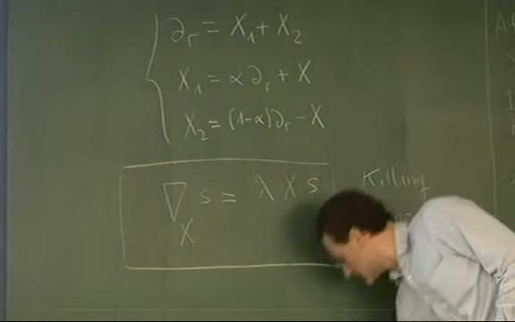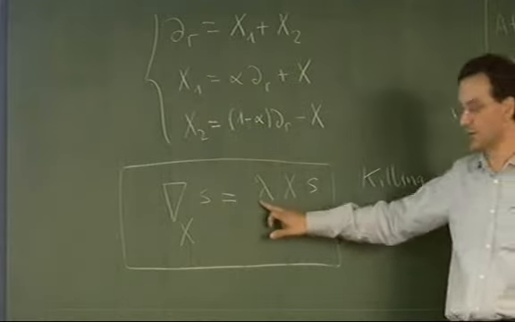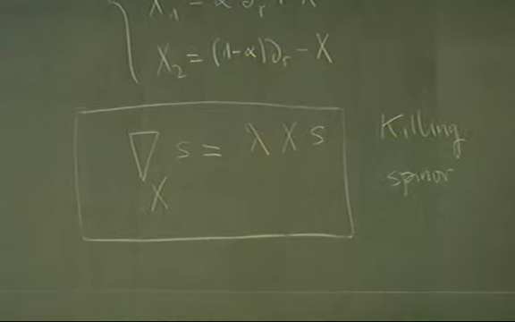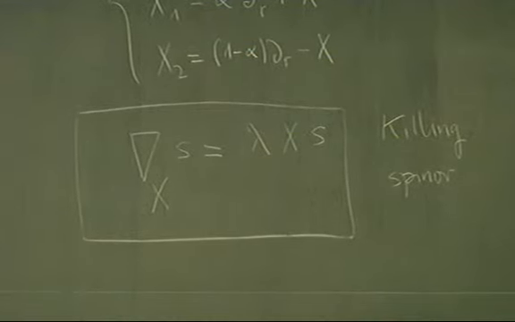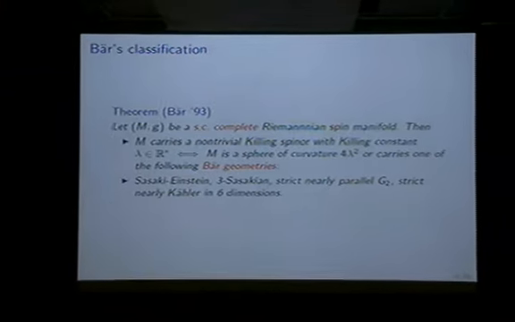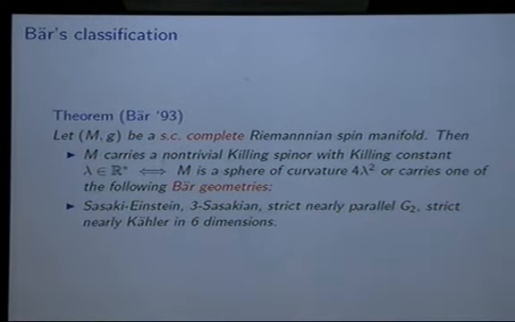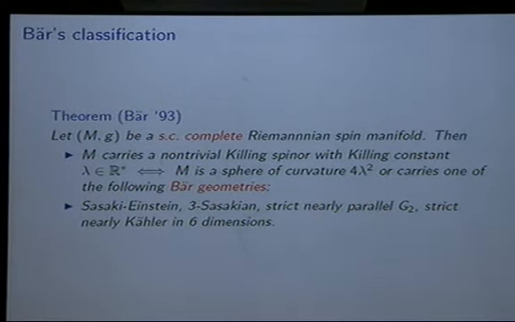A special case is the equation for parallel spinors when lambda is 0. The problem of classification of parallel spinors completely reduces to the study of invariance of the holonomy group under the spinor representation, and I'm not discussing this problem now. I assume here lambda different from 0. So we consider proper Killing spinors, not parallel.